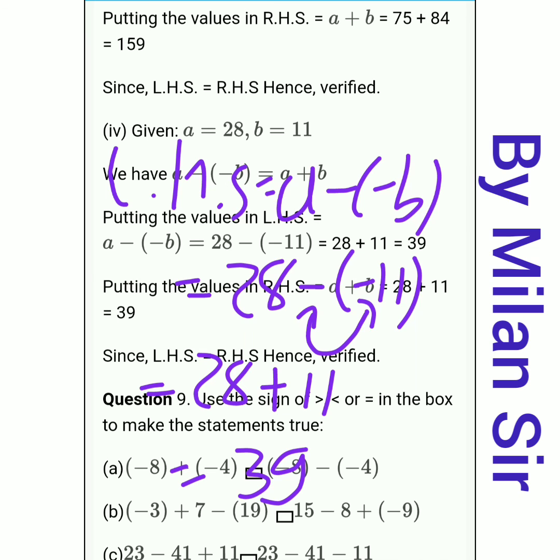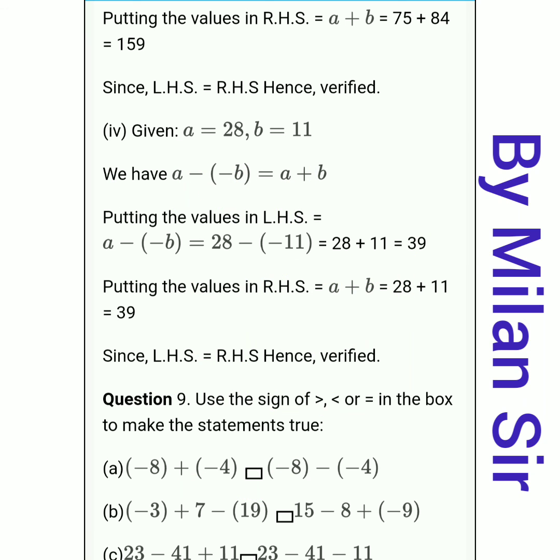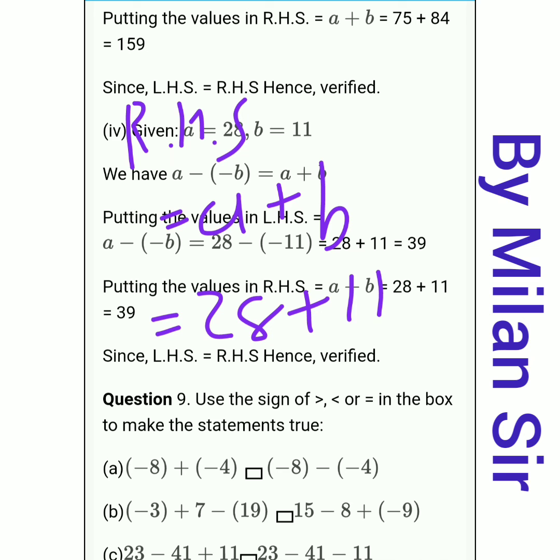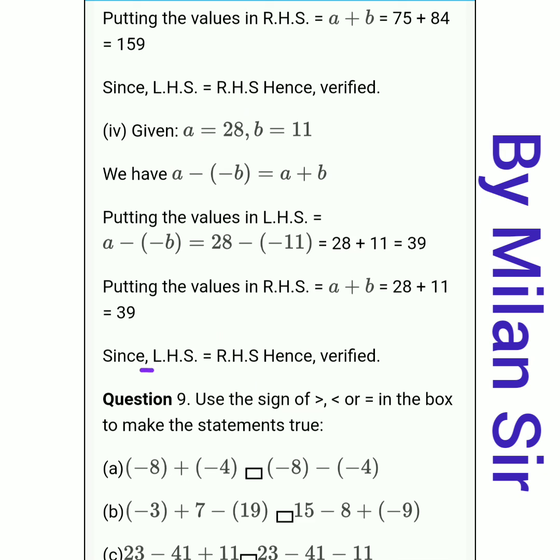So in the left hand side we get the answer 39. In the right hand side, a plus b, a is 28 plus b is 11, 28 plus 11 is 39, we get the same answer. So we can write: since LHS is equal to RHS, hence verified.